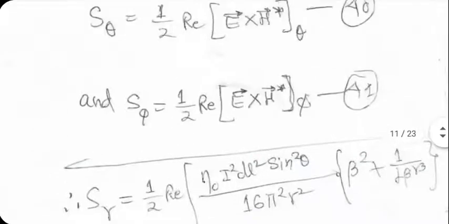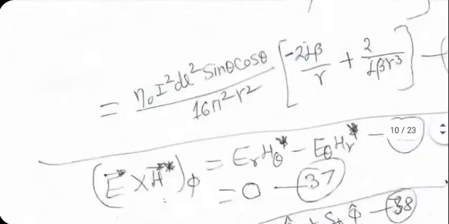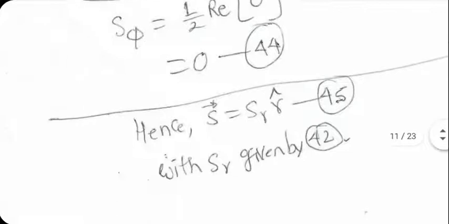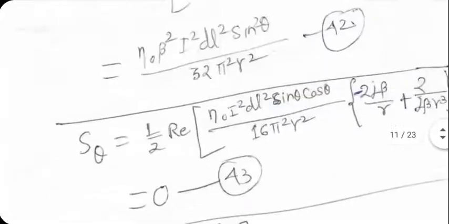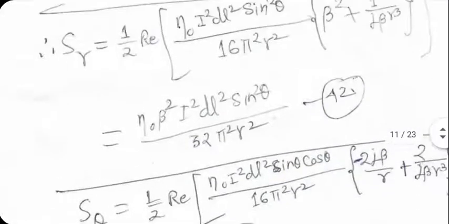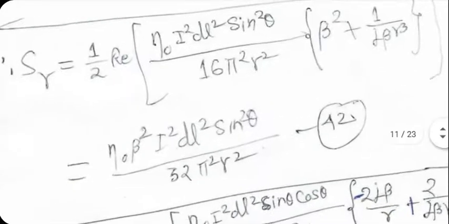Okay. So I think that's enough. S phi is 0. S theta is 0. S R actually can be further simplified by bringing in beta in the game, as we did in the field components. This is the formula normally given in the books for S R.